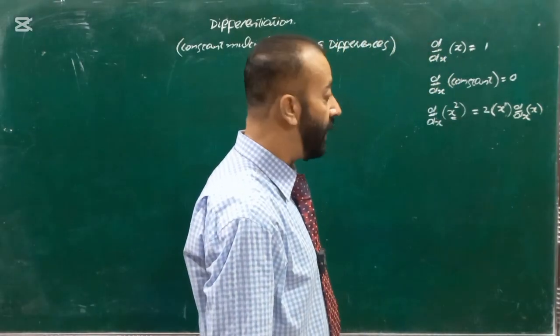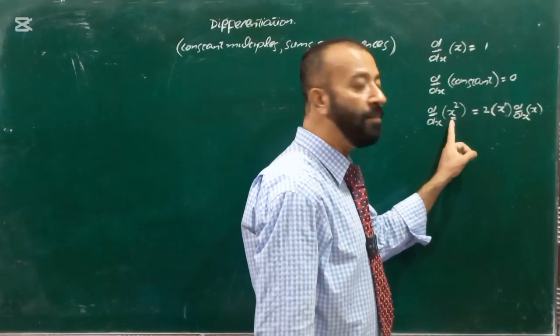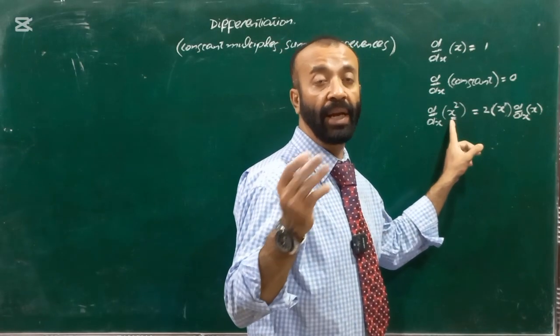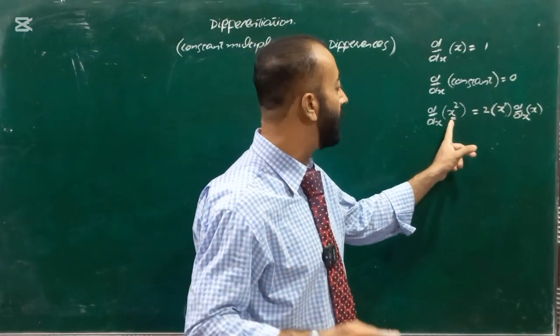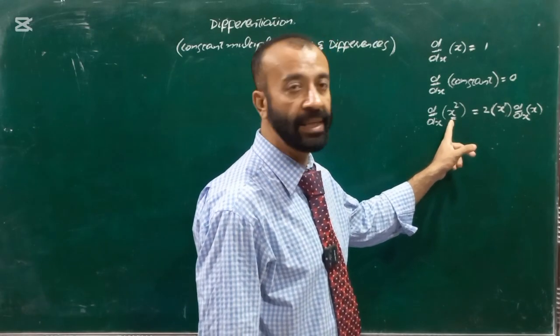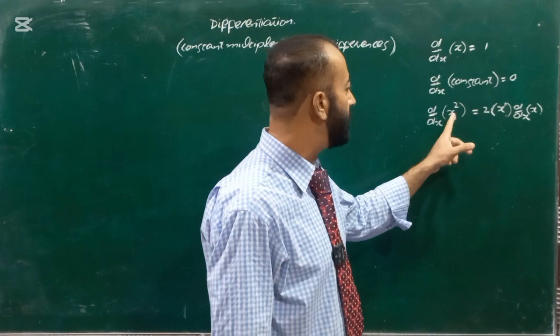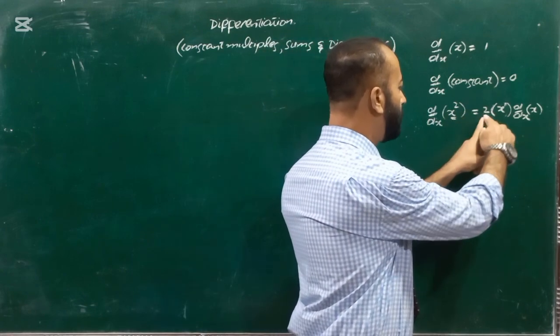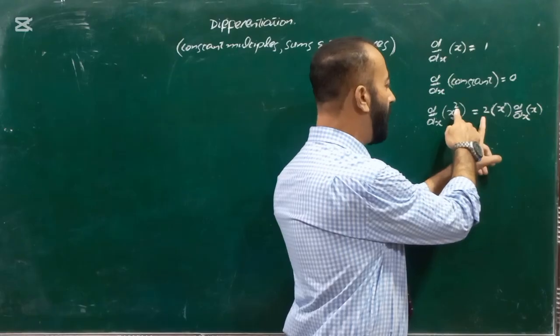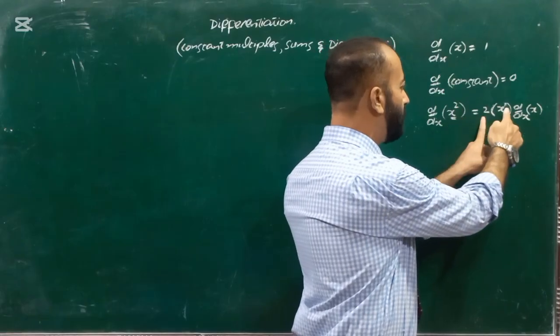So look now again, any variable which is having power other than 1. It may be a positive power or it may be a negative power. The method to differentiate this kind of factor is the power will come down. So look now, 2 will come down. Make 1 less from the power. So 2 minus 1 will be equal to 1.